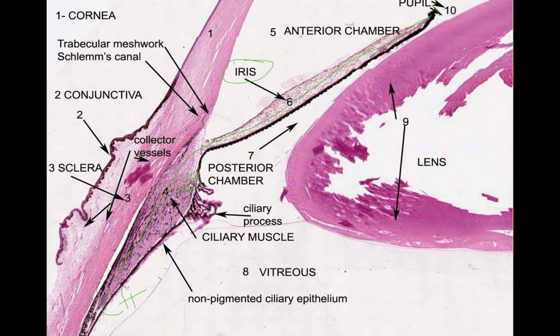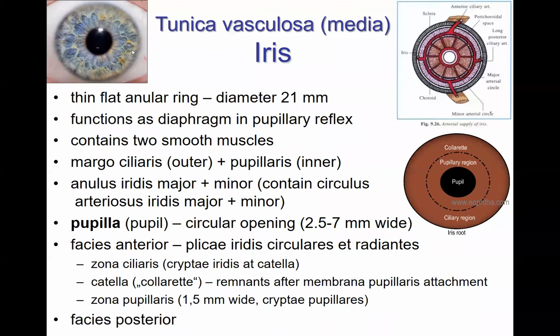Iris and ciliary body are, of course, circular structures. The anterior surface of the iris is well visible if you look into someone's eyes. It's very flat, as we have seen. So it's a flat, non-transparent annular ring. The diameter is approximately 2 centimeters.